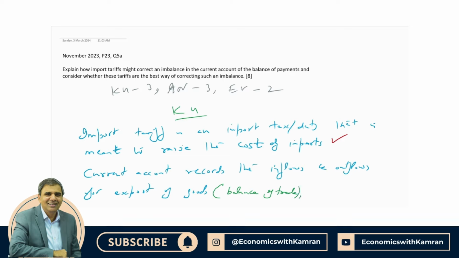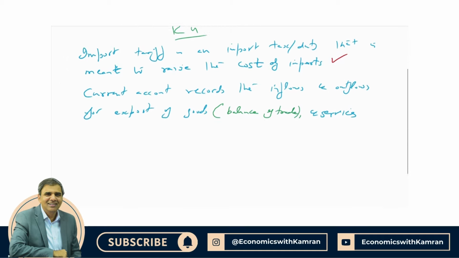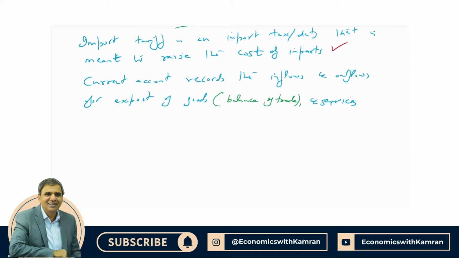So it records the inflows and outflows for exports of goods and services. The export and import of goods are recorded in balance of trade, whereas the import and export of services are recorded in the invisible section of the current account.